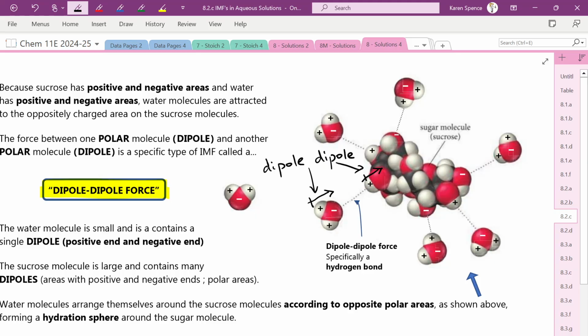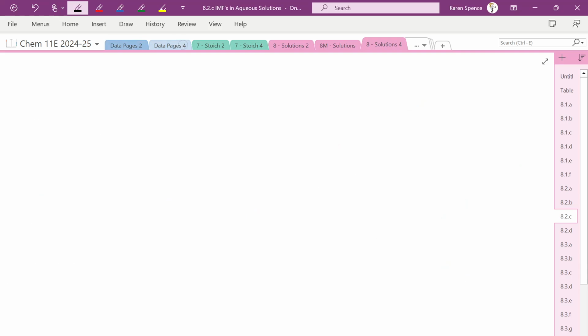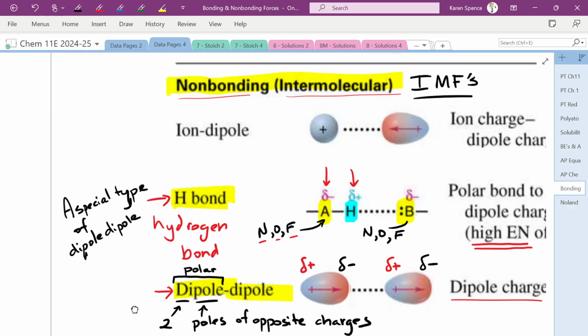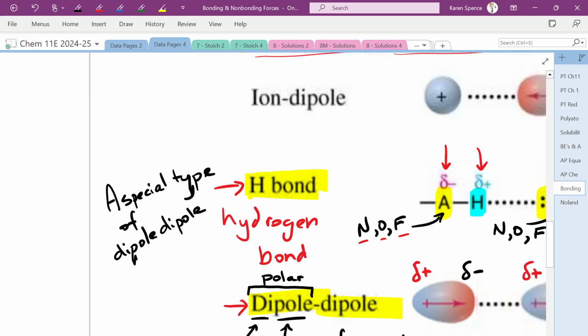Oxygen. What's special about oxygen? Oxygen is very electronegative. Who are the other two who are also very electronegative? Nitrogen and fluorine. So if hydrogen is bonded to one of those three, we can get a special type of dipole-dipole interaction. And that is called a hydrogen bond, an H bond.